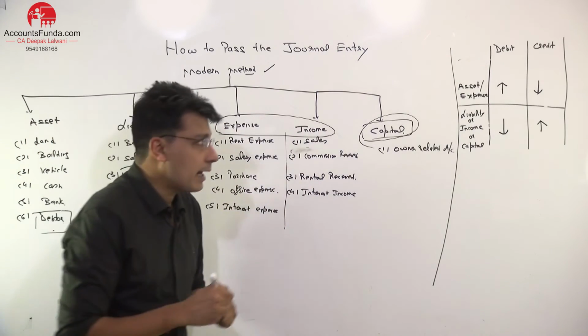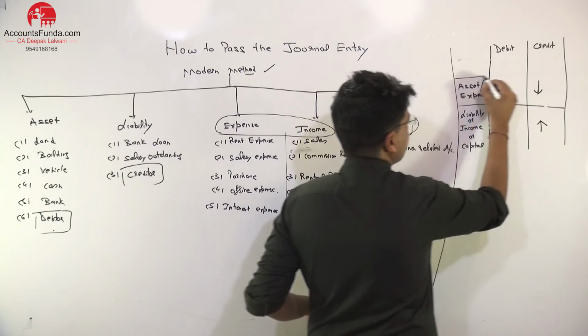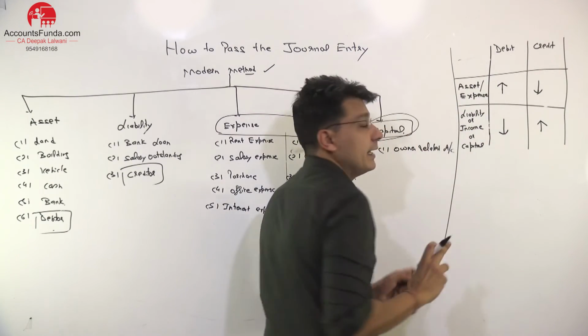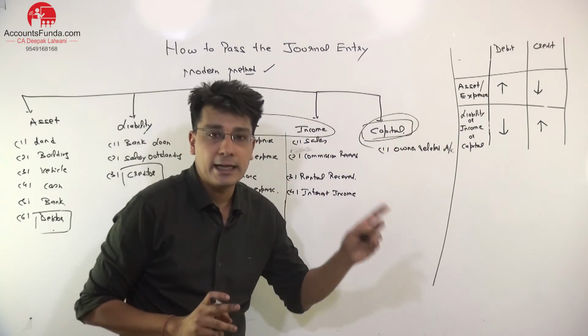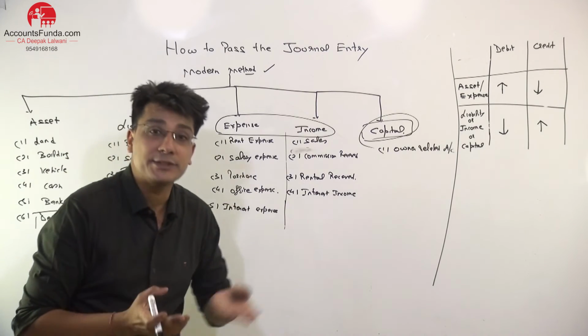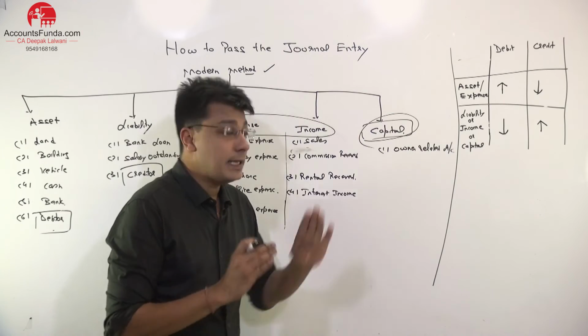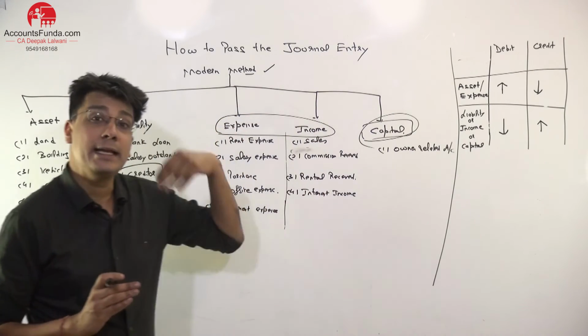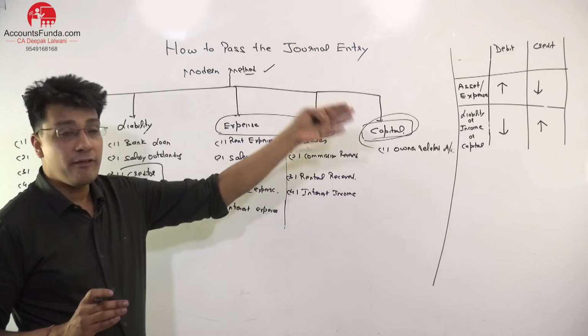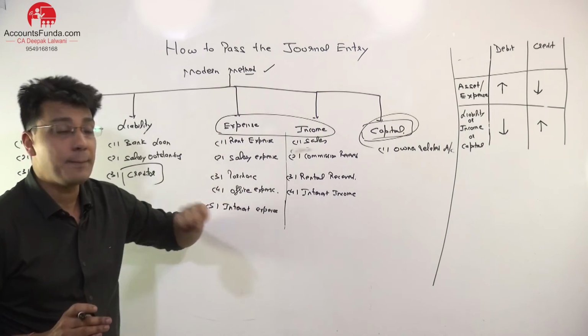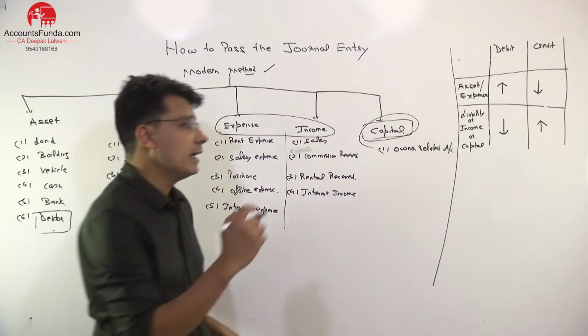I repeat, whenever asset or expense increases, it will be debited, and whenever asset or expense decreases, it will be credited, and whenever liability, income or capital increases, it will be credited, and whenever liability, income or capital decreases, it will be debited.